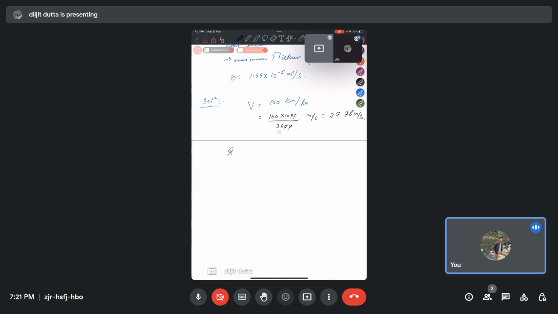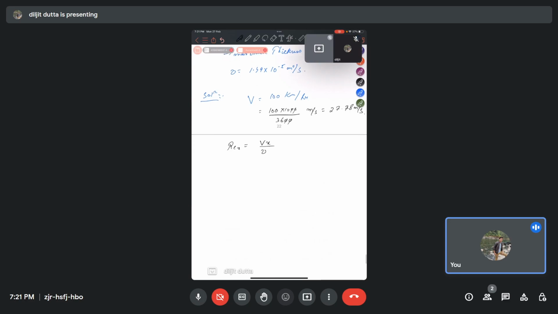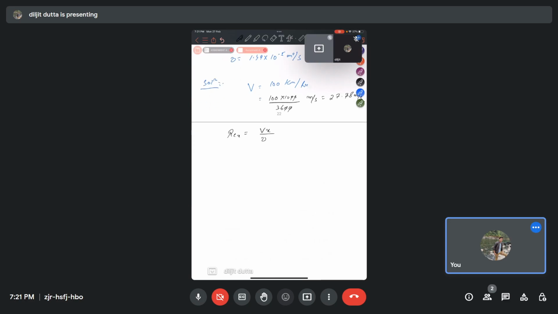Now the Reynolds number is given as Rex equal to Vx by nu. We need the maximum distance up to which the laminar boundary layer is valid.